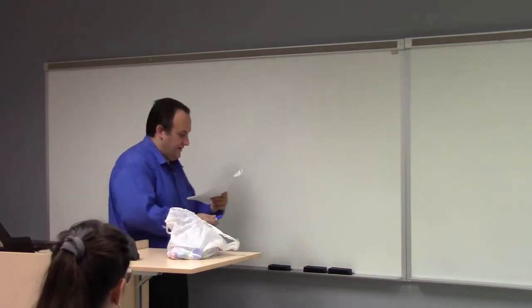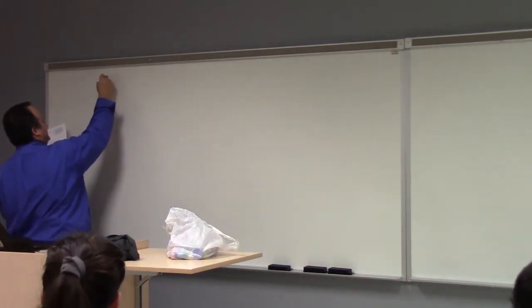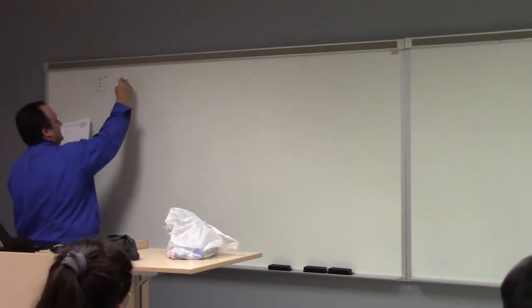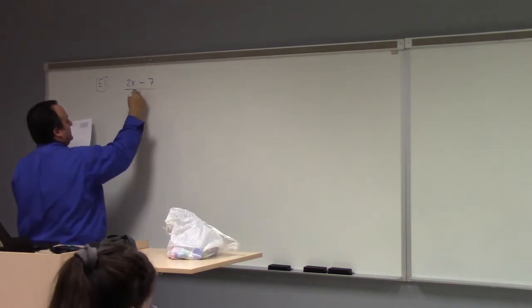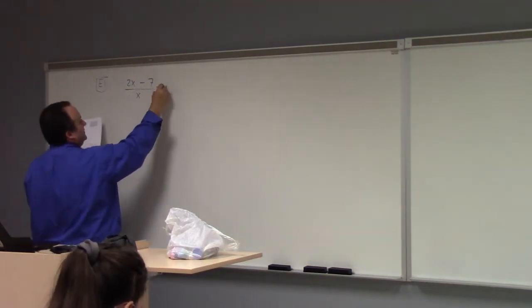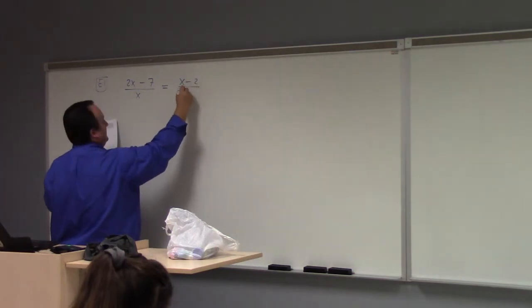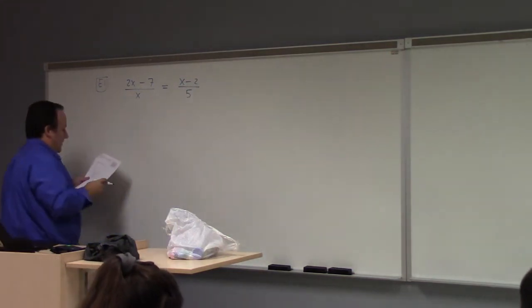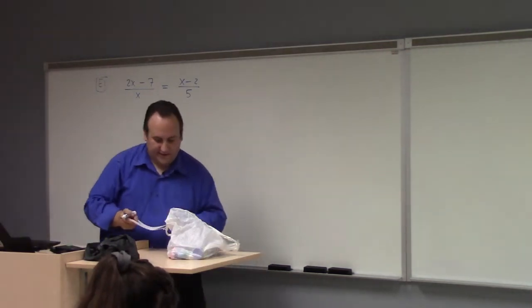So I'll get straight into it here. Sorry for the delay. Example 1. Let's see if we can solve (2x minus 7)/x equals (x minus 2)/5. So I'll be covering examples that are related to the last 10 problems in your homework today, okay?